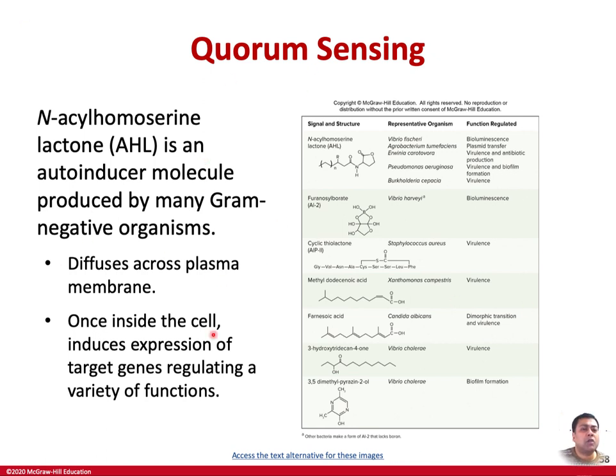Now there are many cells, all of them are producing these, and they are getting outside the cell. Gradually, when you have a large population, that is going to produce a huge amount of these homoserine lactones, and they are all going to go outside into extracellular space, and the amount of this N-acyl homoserine lactone is going to increase at a particular point.